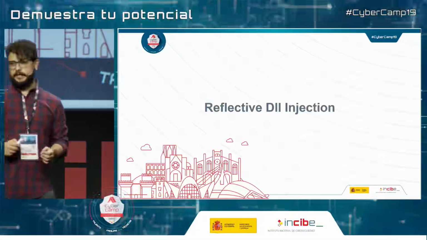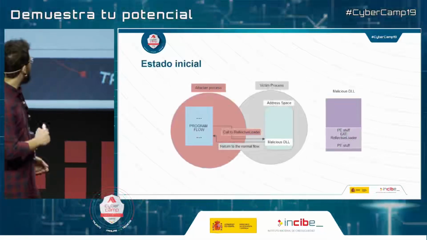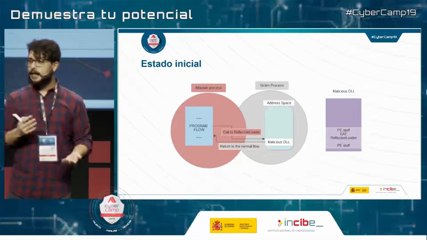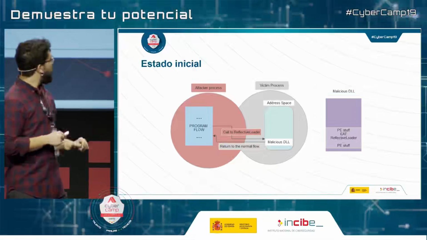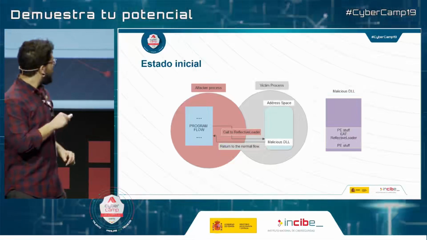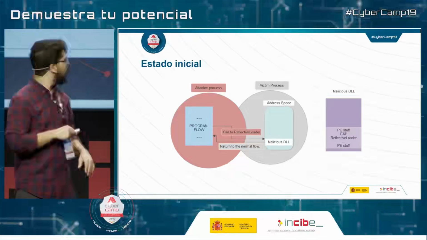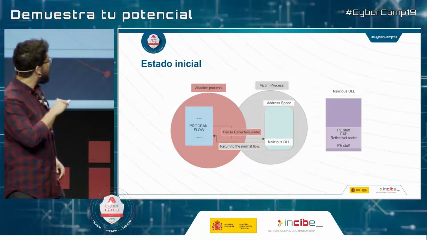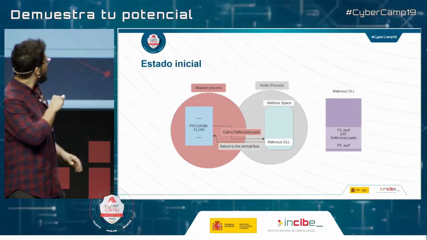Well, we're going to have the reflective DLL injection technique. This is like the initial diagram. Let's imagine that we have an attacker and a victim. The victim process is going to have a malicious DLL already downloaded, and our attacker is going to be able to access that memory area.